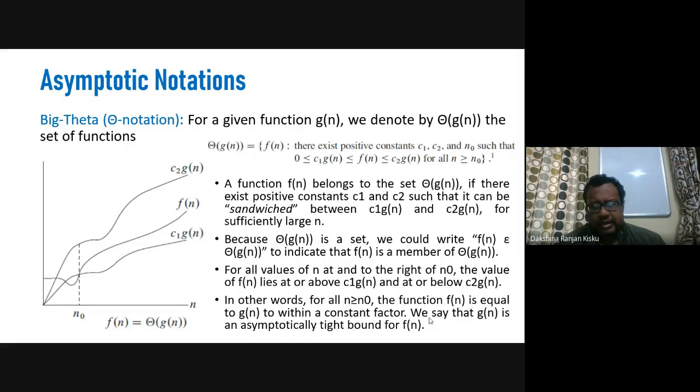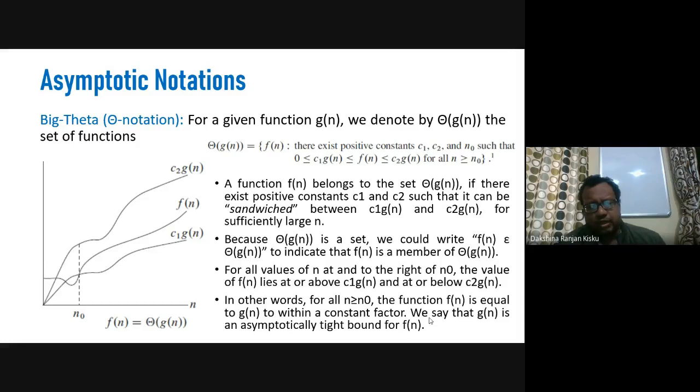Theta of g(n) equals f(n) such that there exist positive constants c1, c2, and n0, such that 0 less than or equal to c1 g(n) less than or equal to f(n) less than or equal to c2 g(n). That means f(n) will be greater than or equal to c1 g(n) and less than or equal to c2 g(n) for all values of n greater than or equal to n0.